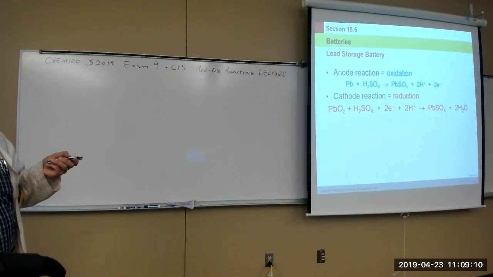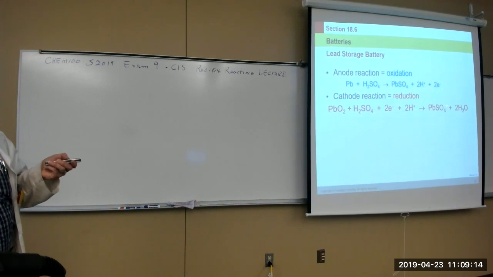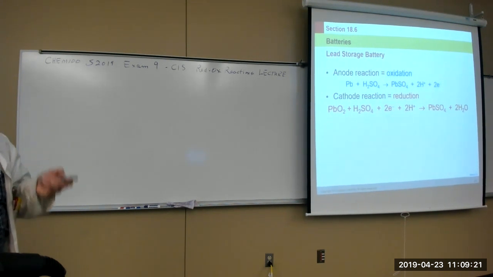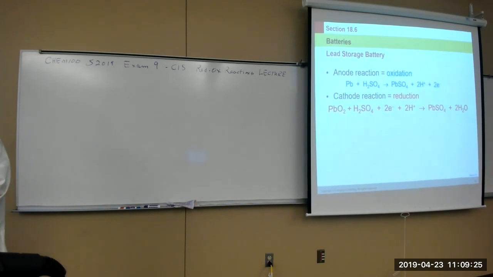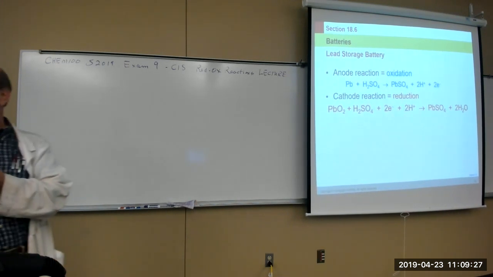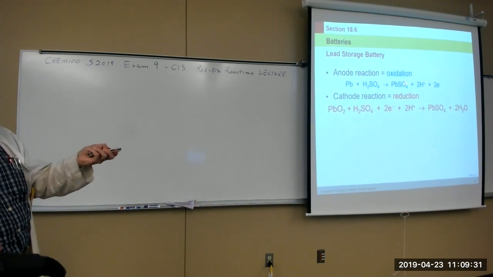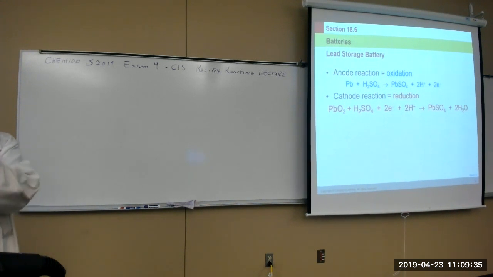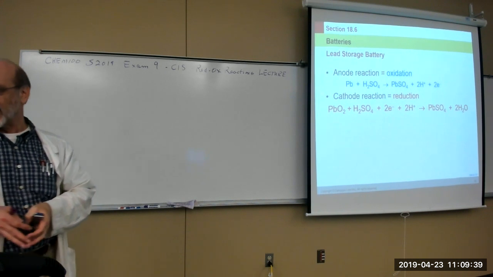It's being reduced by those 2 electrons to lead 2+ sulfate. So the product is the same on both sides. The lead sulfate sticks to the plates. When you run a charge backwards, it runs this backwards, produces that, runs this one backwards, produces that, and reconstitutes your lead oxide plates in your battery.